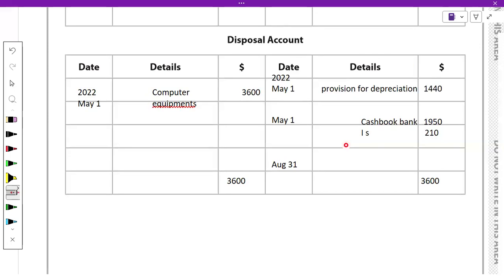So how can we find it out? First of all, just find out its net book value. Its cost was 3600 and its accumulated depreciation is 1440. Now deduct this, and you have the net book value.